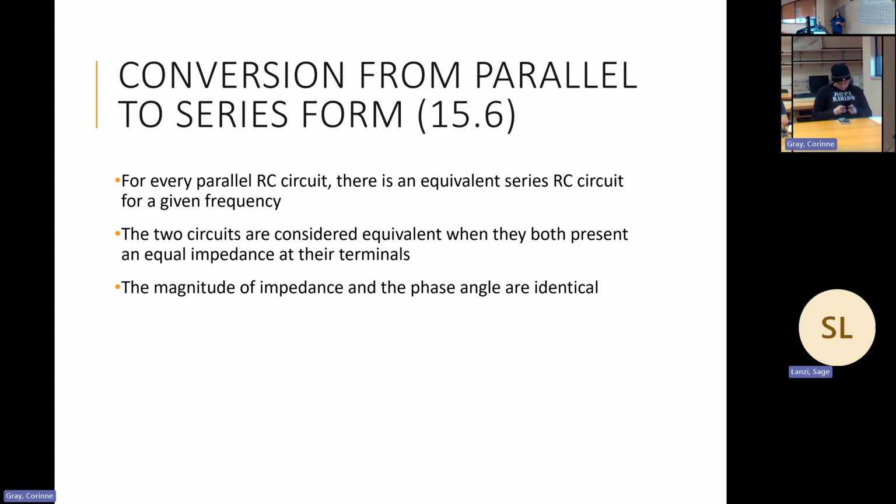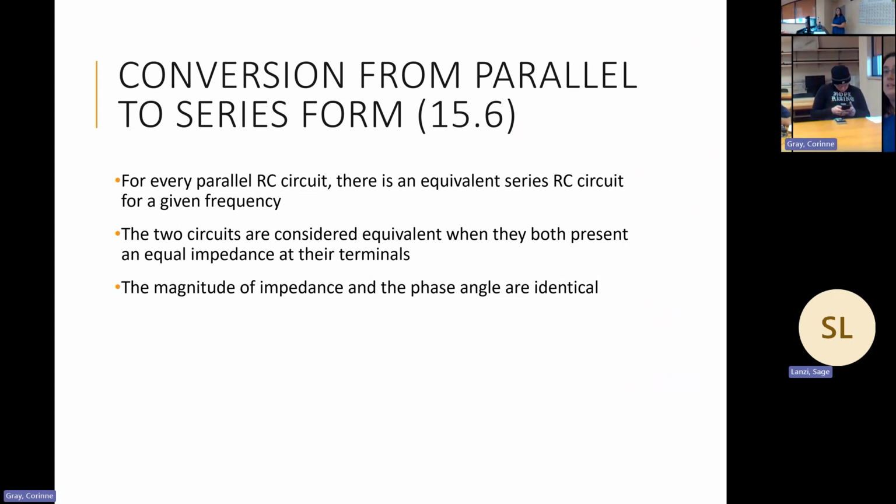And as you get more comfortable, you might be able to do more of those parts at the same time. But for now, we're going to keep it a little bit on the simpler side. So we can convert between parallel and series. We can also combine series and parallel.